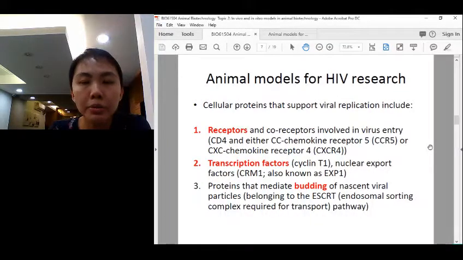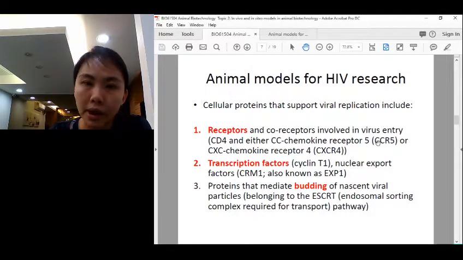The cellular proteins that support viral replication include the receptors, as we have mentioned earlier. Because of these receptors, they are able to bind to the host cells and subsequently enter into the immune cells. This involves CD4 positive and either the CC chemokine receptor 5 or the CXC chemokine receptor 4.